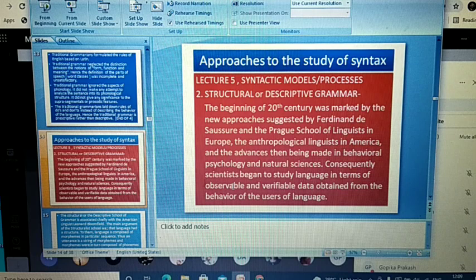Suggested by Ferdinand de Saussure and the Prague School of Linguistics in Europe, the anthropological linguistics in America. We studied that, right? We know Levi-Strauss and all, and the advances then being made in behavioral psychology. We studied it, right? Last week I was speaking to you about Sigmund Freud. I spoke to you about Lacan, and you know all that.